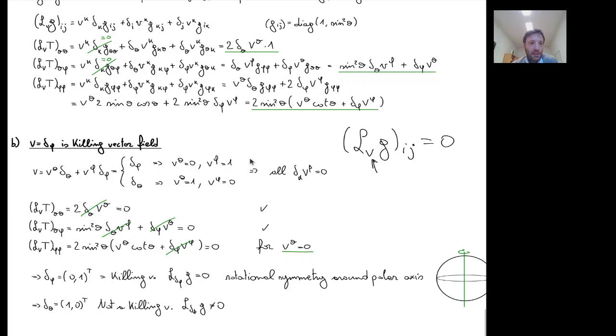We have the Lie derivative with respect to a generic vector field from earlier. In this case, T was going to be our metric, therefore all of that is actually g, not T. Let me correct that.